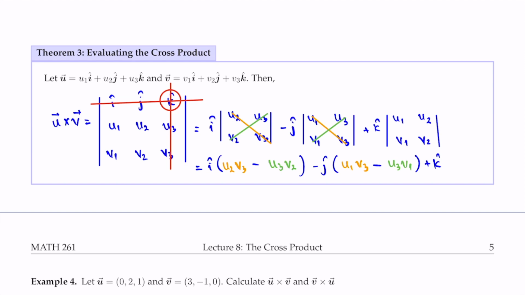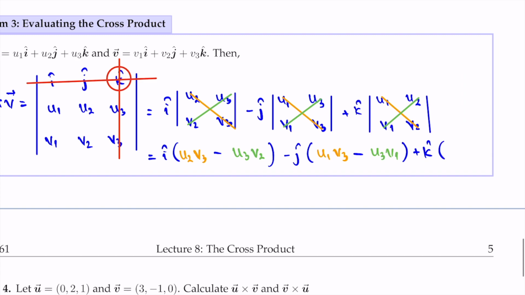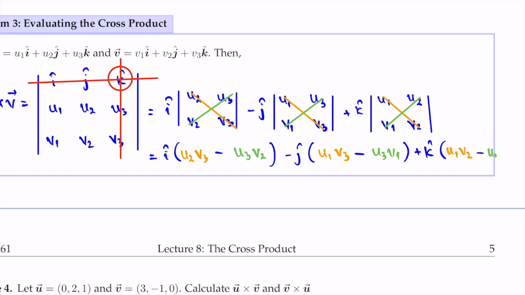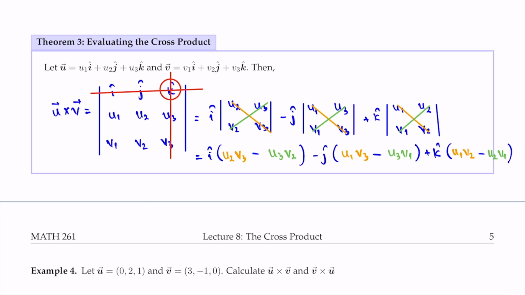Again, for the 2 by 2 determinant, you do the product of the main diagonal, subtract the product of the off diagonal, and you get u1 v2 minus u2 v1. And that is how we use determinants to determine the value or the components of the cross product.